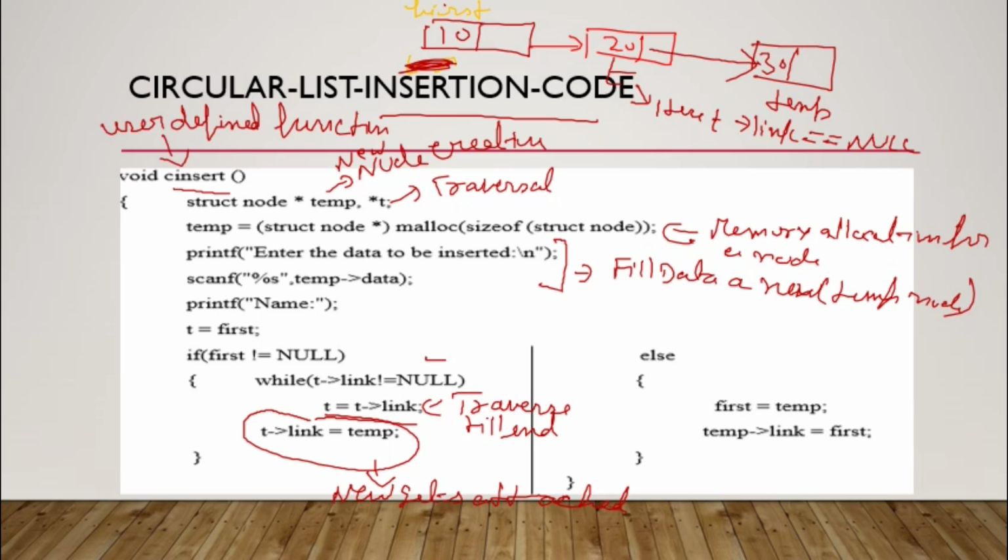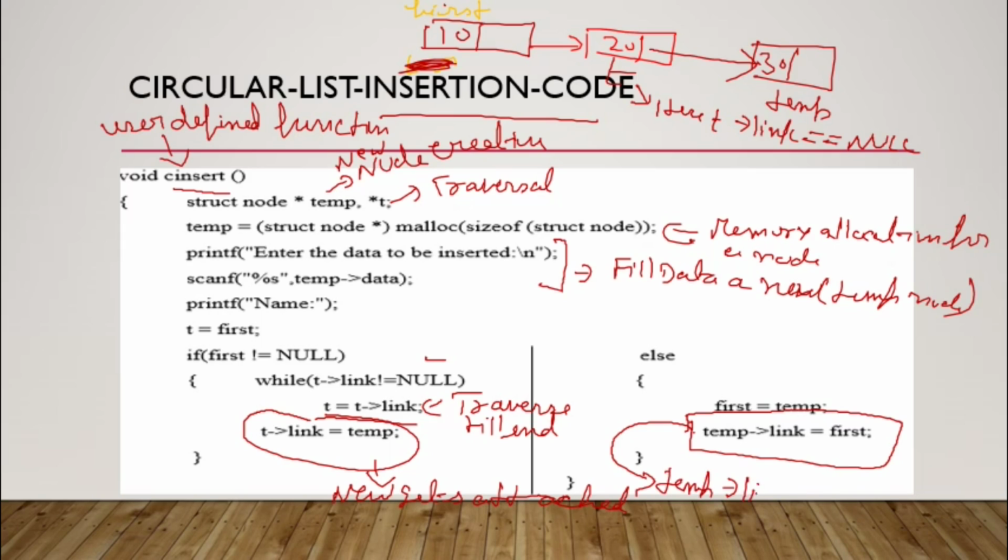Now students, it is not circular in nature. For that, remember, once the if executes, you have to execute this code. Just for your information, temp of link is equal to first is not inside else; it should be outside. For both if and else cases you need this step, temp of link is equal to first.